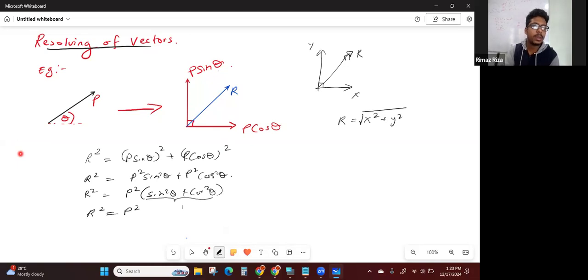So here R is actually the magnitude. Let's put the vector notation: this is P vector, this is P sine theta, this is P cos theta, and this is R vector.